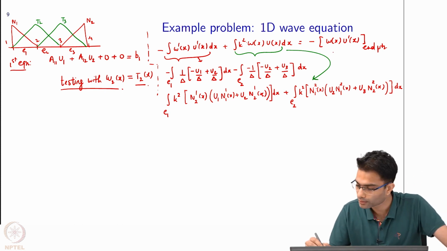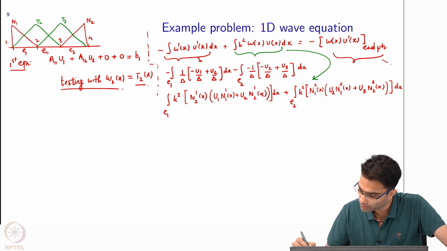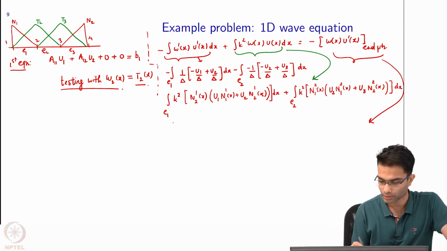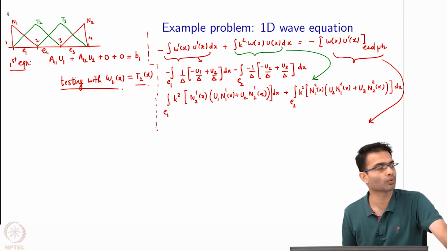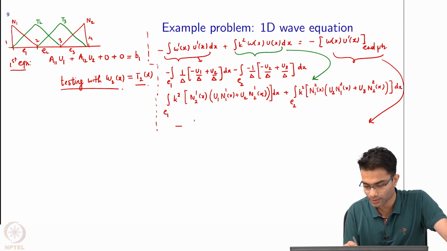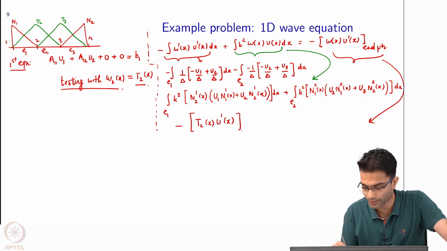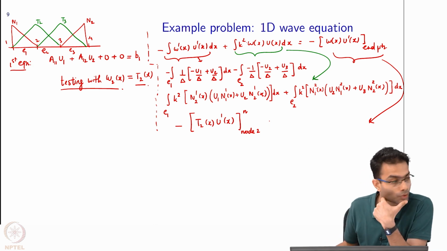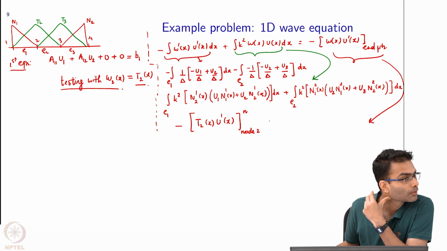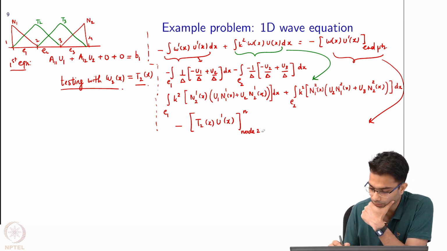And then this third term over here, what happens? W(x) u(x), so it will be a minus, W(x) is T2(x) u prime(x) at node 2 minus node, sorry, what will it be? Node 3 and 1.